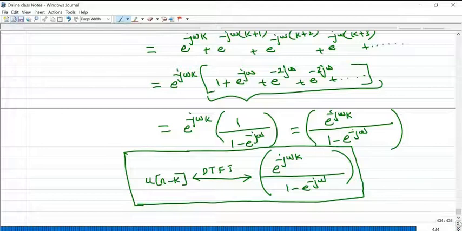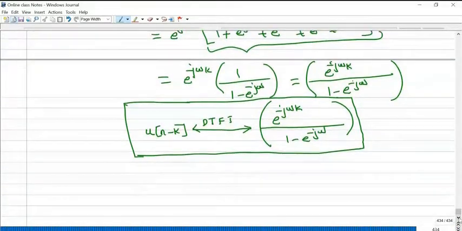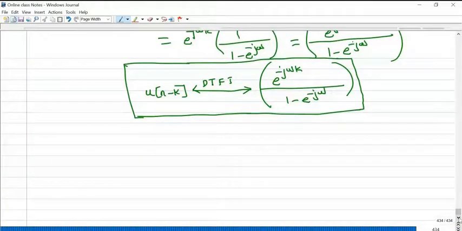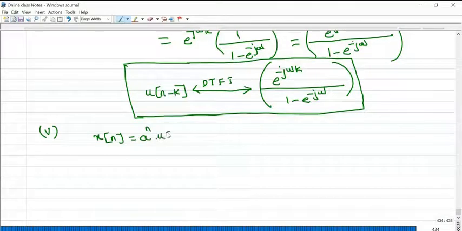Right. Next. It's a very important formula. x of n equal to a power n u of n. Okay. We solved e power minus a t u of t in the Fourier transform. Here, a power n u of n. So solve the DTFT.